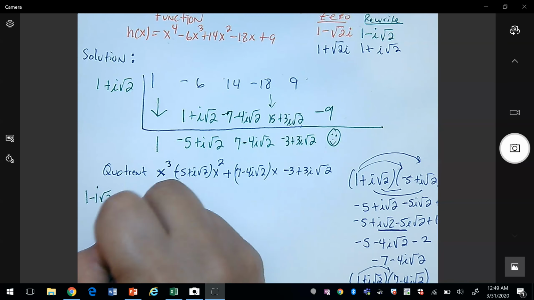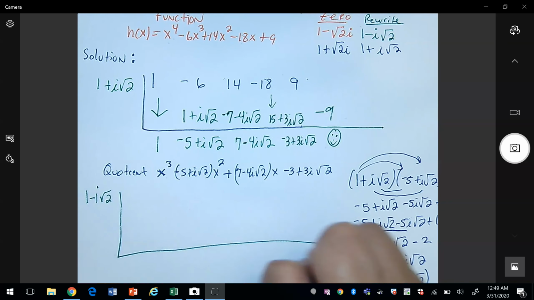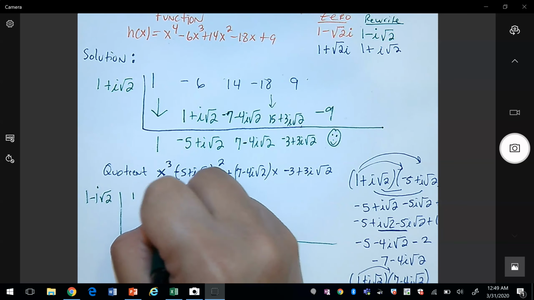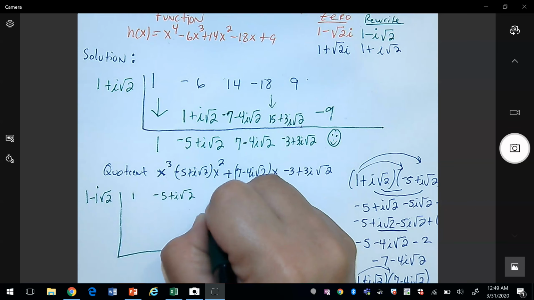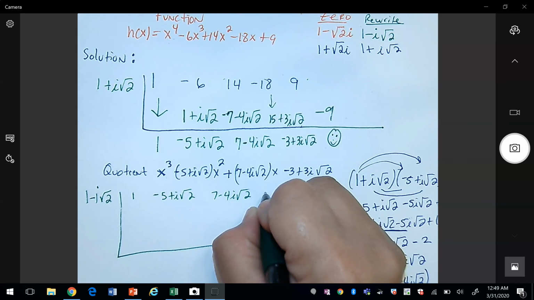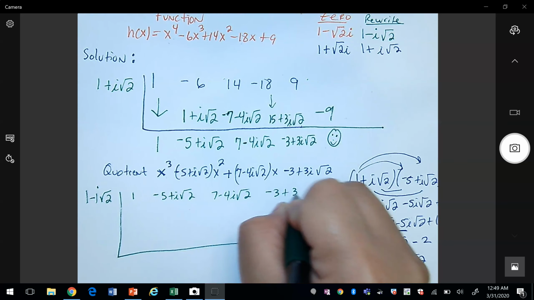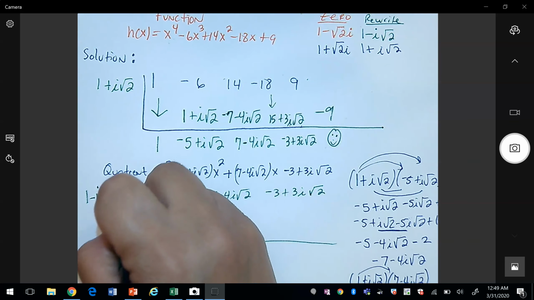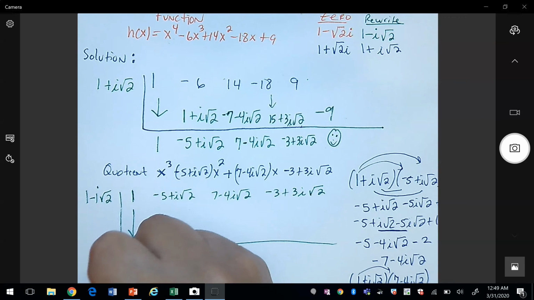My coefficients here are 1, negative 5 plus i square root of 2, 7 minus 4i square root of 2, and negative 3 plus 3i square root of 2. So we bring down the 1 first.